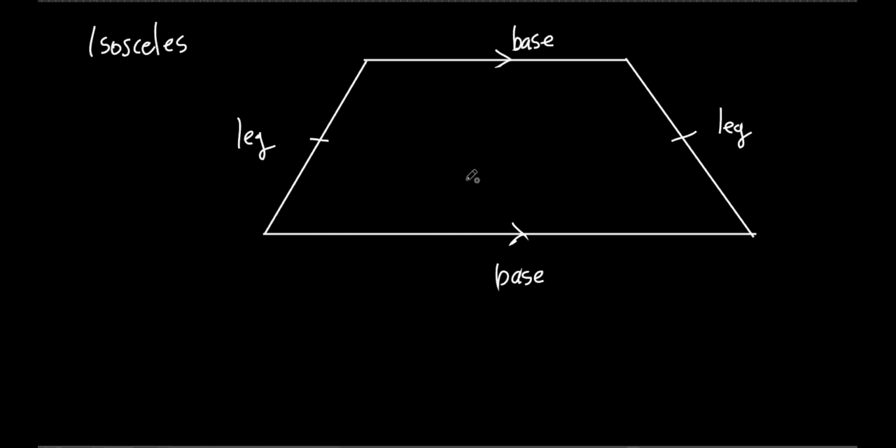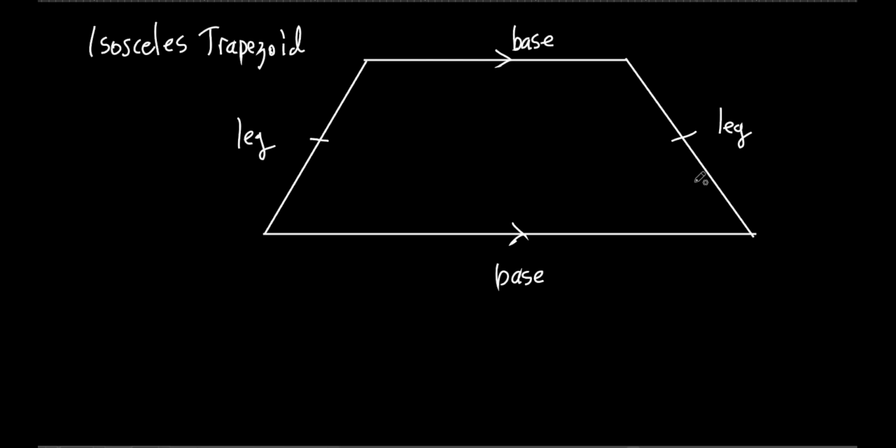An isosceles trapezoid. Exactly. Not hard. So this is an isosceles trapezoid. How do I know that? Because the two legs are equal. That's just the definition of an isosceles trapezoid. It's not a theorem. We haven't learned anything new so far. It's all been review. But here's the first theorem.